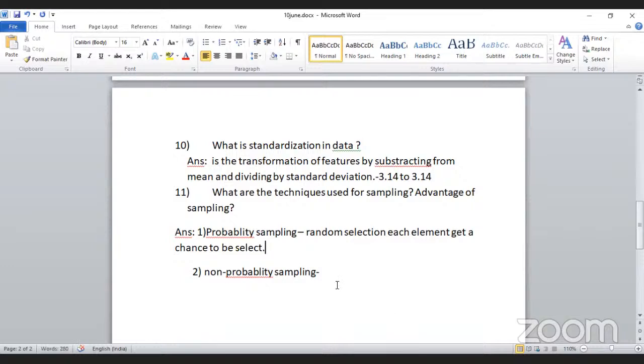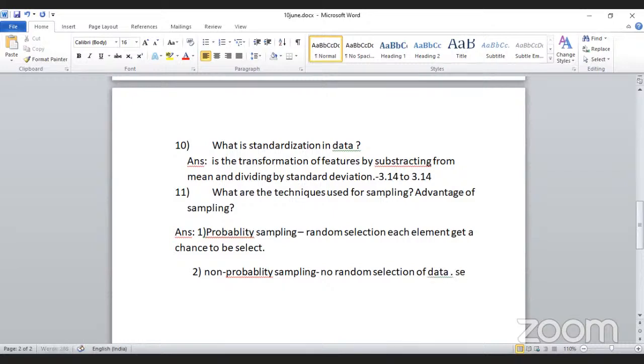And in non-probability sampling, there is no randomness, but there are some criteria decided by the people, or the scientists who want to select, so they decide some criteria. So here there is no random selection of data.